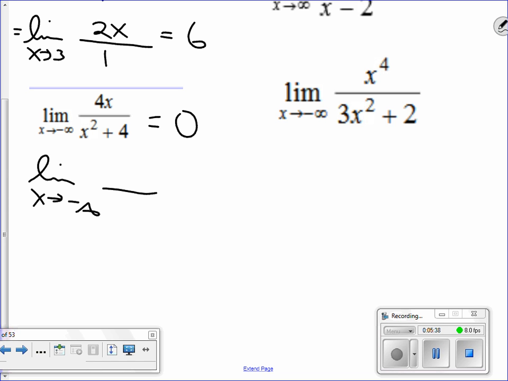What's the derivative of 4x? What's the derivative of x squared plus 4? Now, if you try to get the limit, you've got a fraction, the numerator's staying at 4, the denominator's going to negative infinity, right? What's 4 over negative infinity approaching? 0. Anytime it's a constant over infinity or negative infinity, it's 0. So that would be another way of doing it.